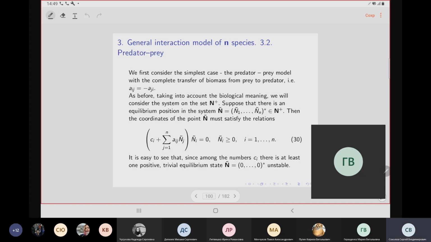Next, let us consider the simplest case, the predator-prey model with the complete transfer of the biomass from prey to predator. So we can see the situation when the matrix A is skew symmetric. So Aij is negative Aji. What does it mean? It means, for example, our classical Volterra predator-prey model.